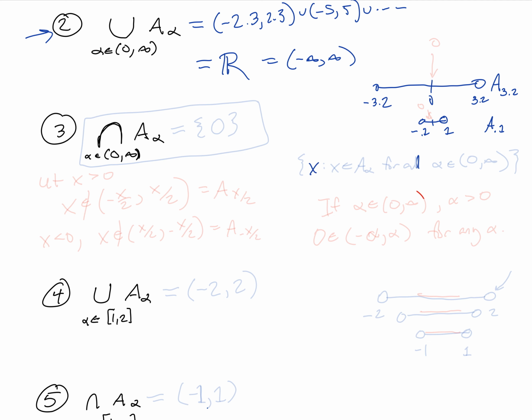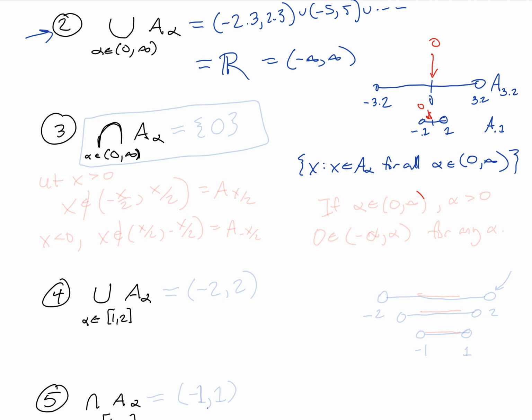In other words, is there some x such that x is in A alpha for all alpha in the interval from 0 to infinity? Yes, there is. One thing that's going to be in every single one of those sets is the point 0.